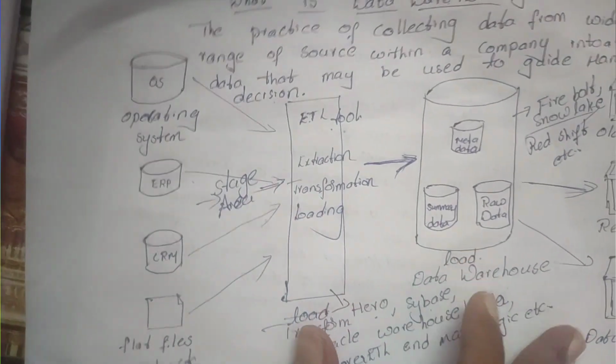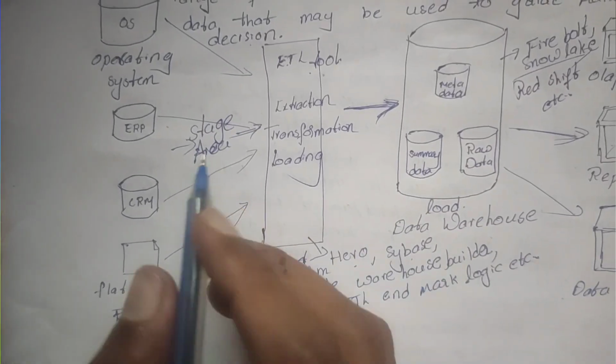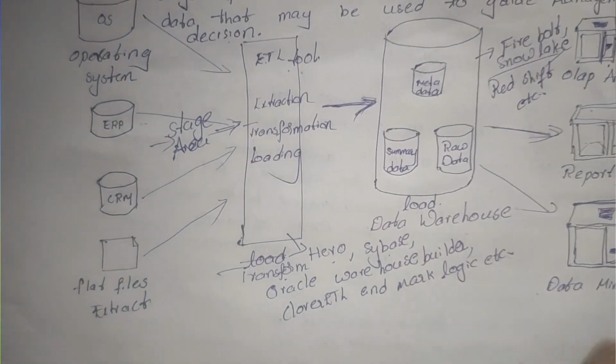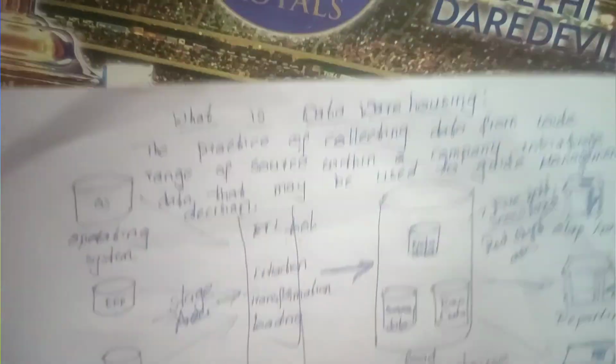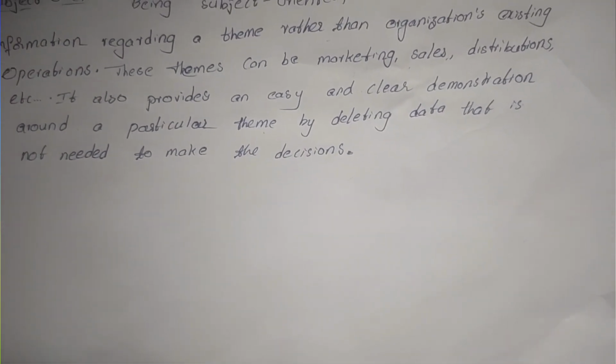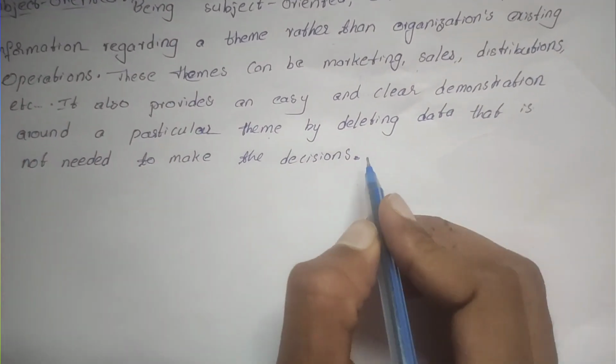It uses only a particular data file, for example CRM or ERP, flat files, etc. It cannot combine all the data files. It only uses the particular data that is useful.